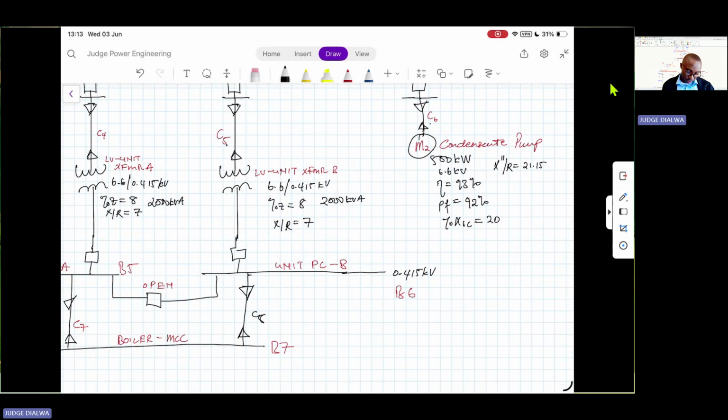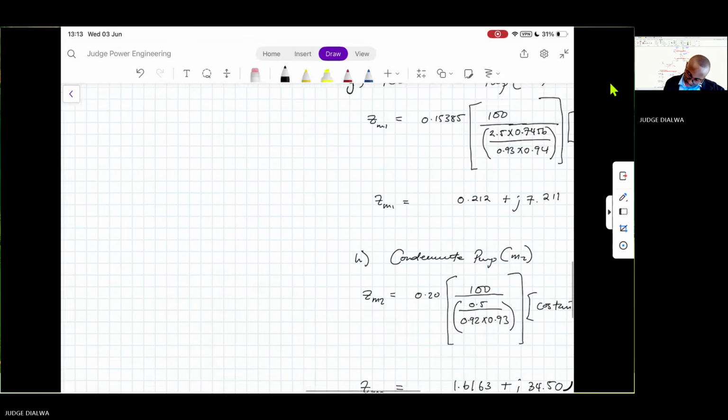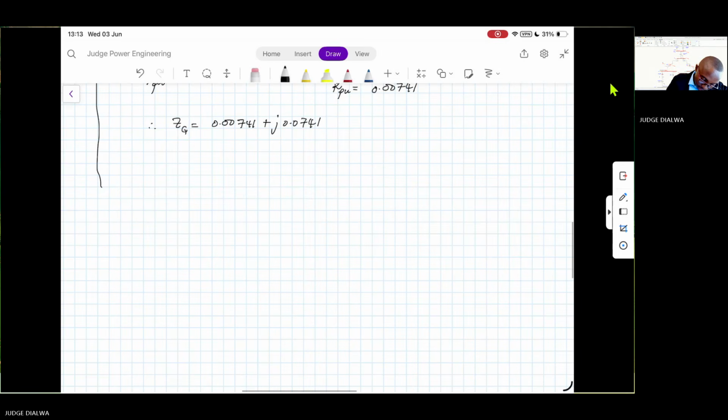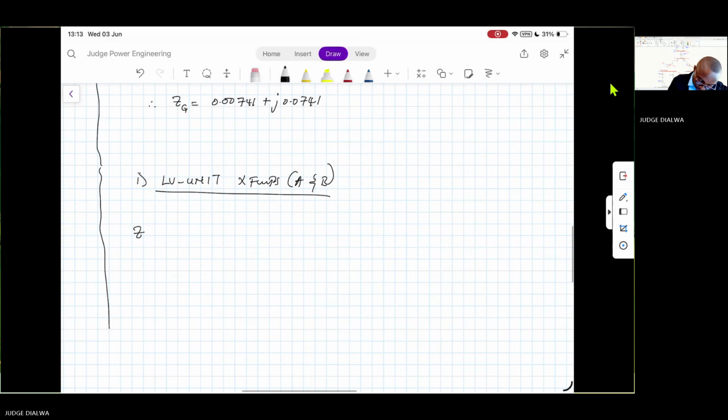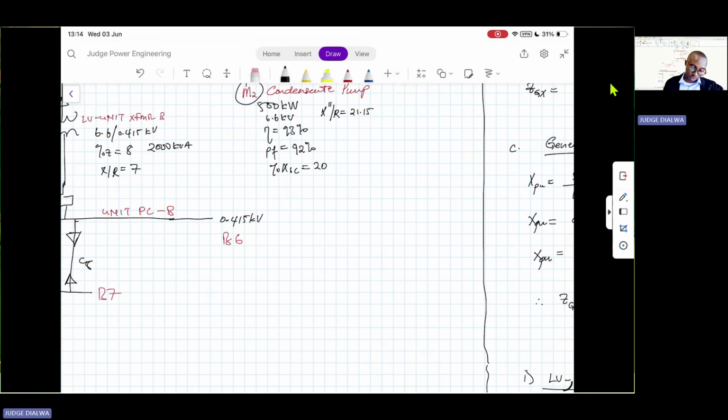These are our low voltage unit transformers, A and B. We have a percentage impedance of 8%.